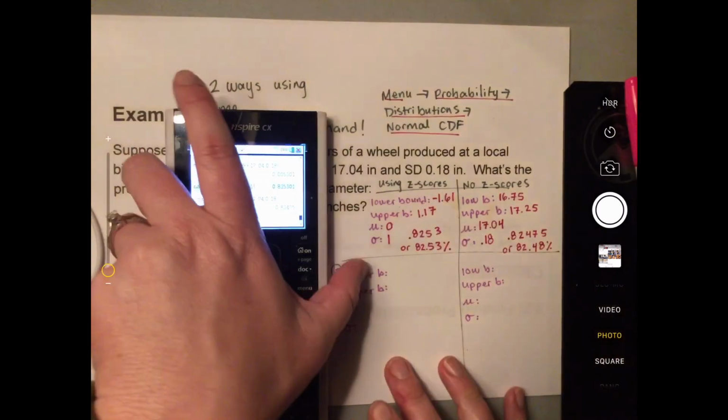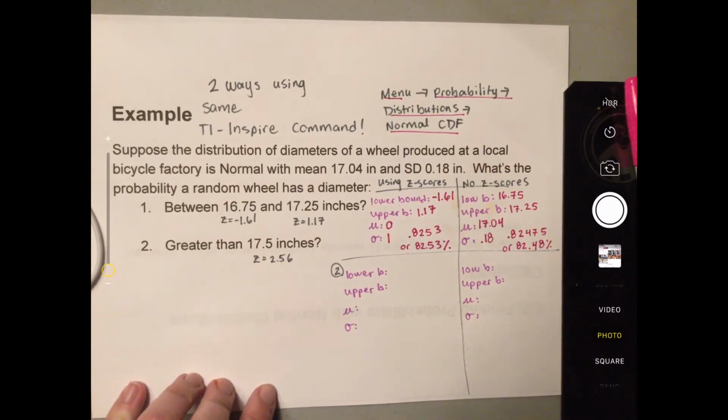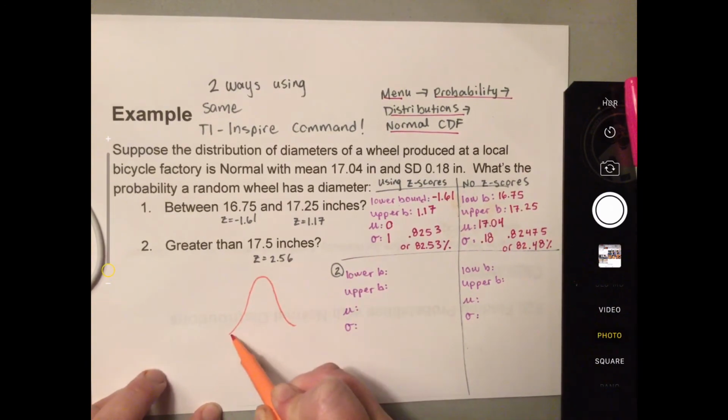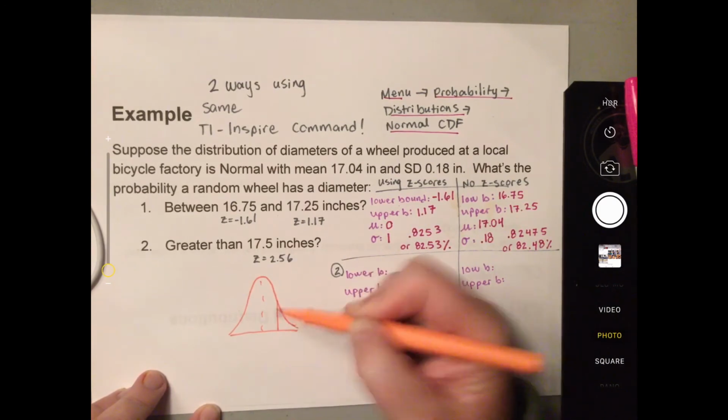All right, let's go on to the very last one, number 2. We've done it before, but we now want to do it with our calculator. This is the way you did it in 5.1, and you can always do it this way with z-scores. This wants you to find something that is greater than 2.56.